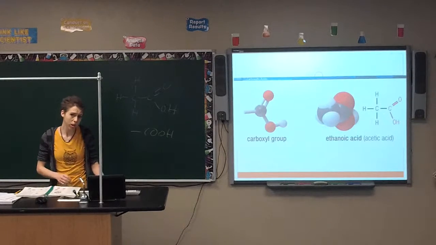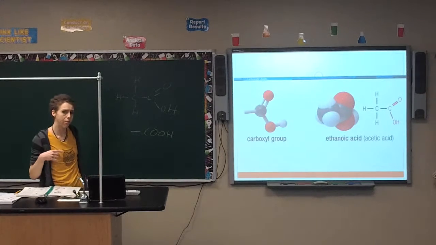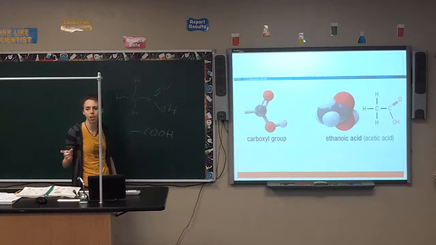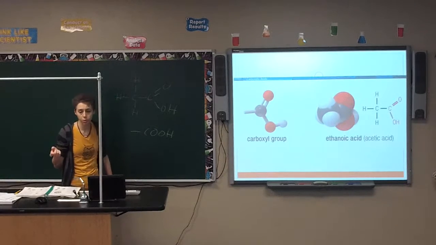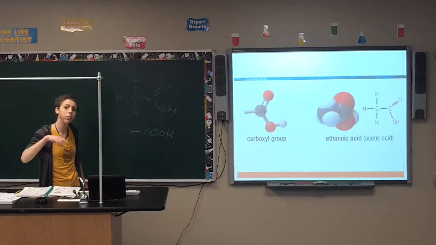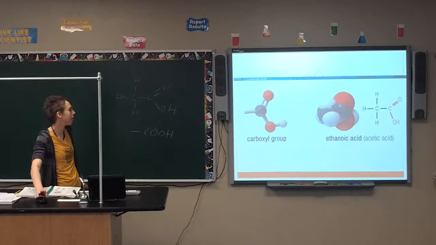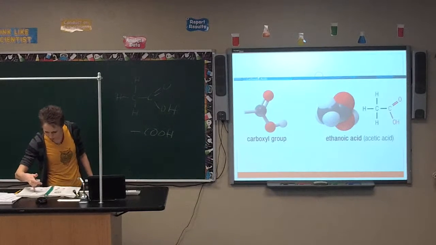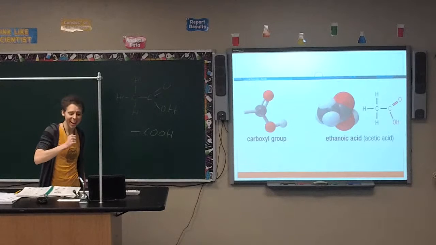We'll just say that it has the carboxyl functional group added onto it. You notice it has a double bond up here, and then it has the single bonds down here. Their ending gets changed to 'oic acid'.